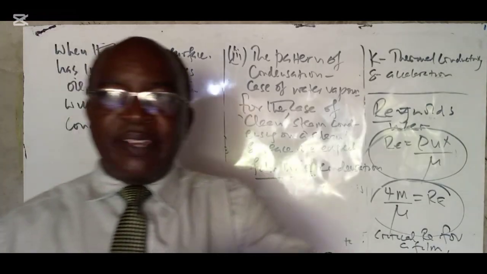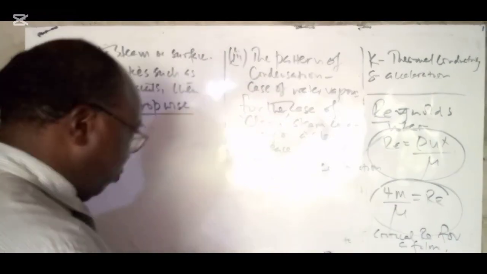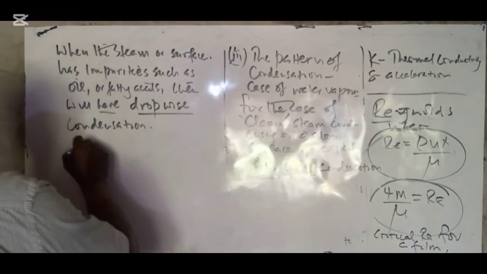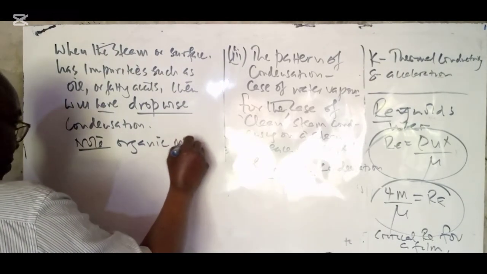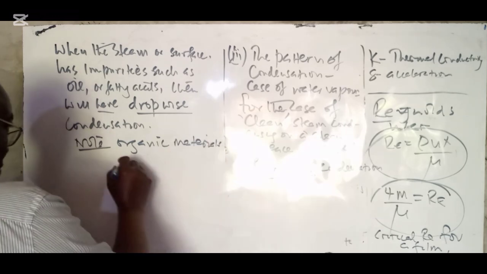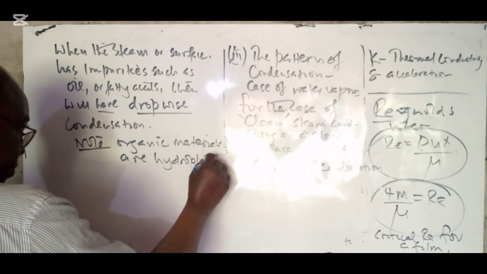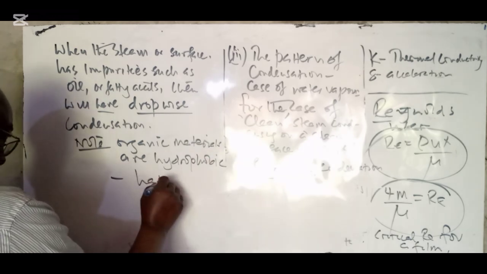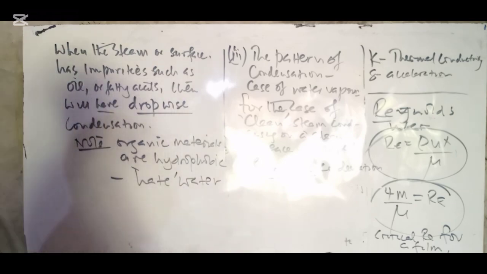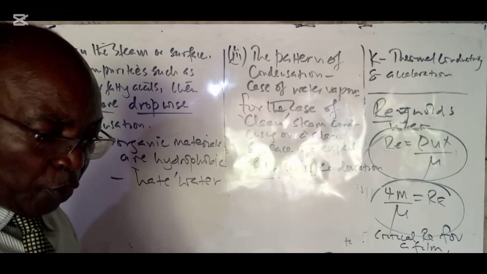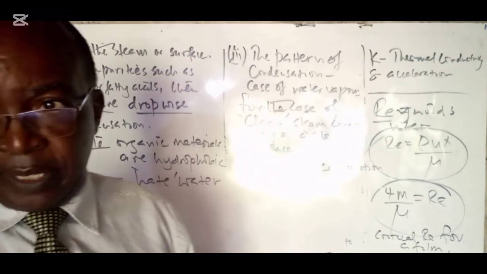Remember, for example, when you have an organic material, it's hydrophobic. It doesn't love water at all. Note, organic materials are hydrophobic. In a nutshell, they hate water. And so it will not mix with water. So there will be separation.